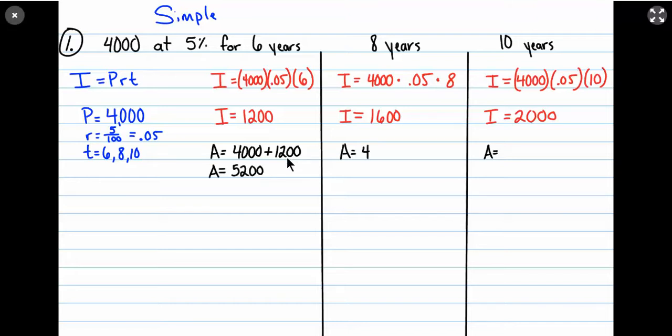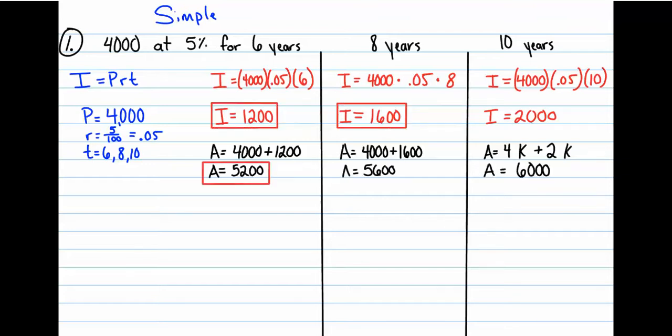I want to focus on those two styles of answers. For every problem I do, there's going to be an interest and a total. Okay, so for right now, notice there's an interest and a total, and over time, if you take longer, you will have to pay more.